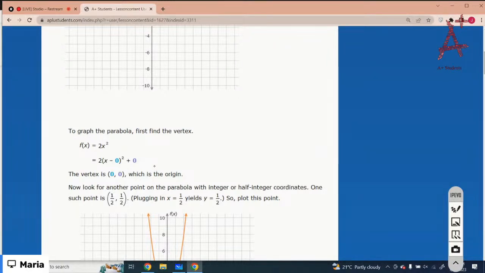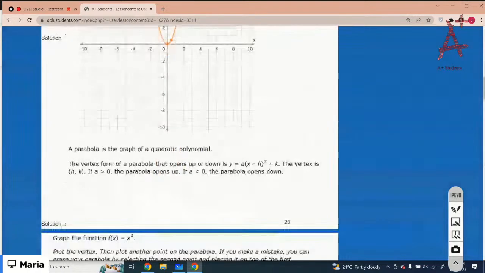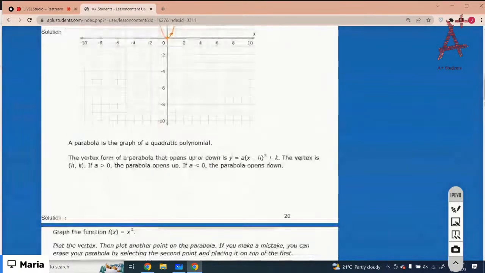So the vertex of the parabola is at 0 and 0. Got it? The other points are 1, 2 and 1, 2. So just use these two points, the vertex and the point, and form the parabola. Here is the parabola of the equation f of x equals 2x square. Got it?